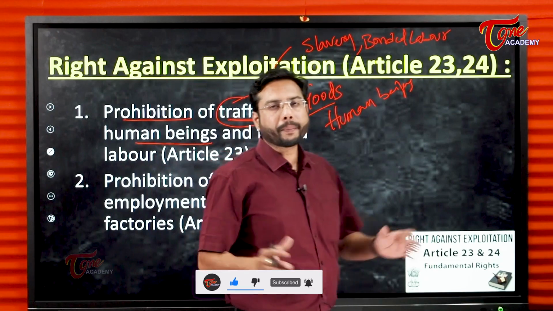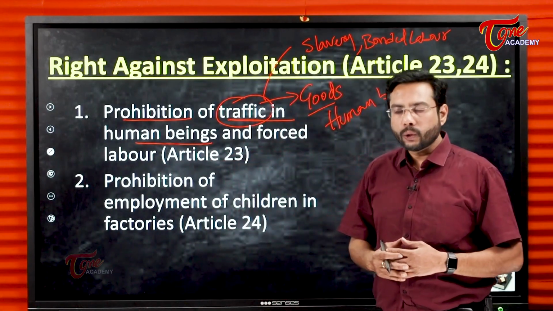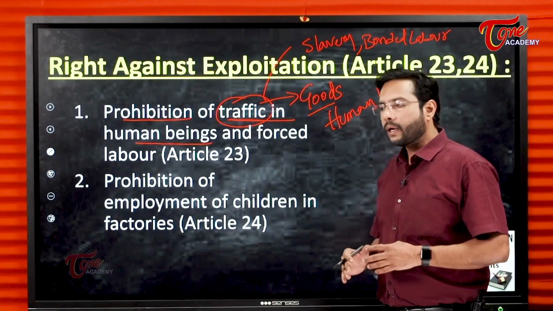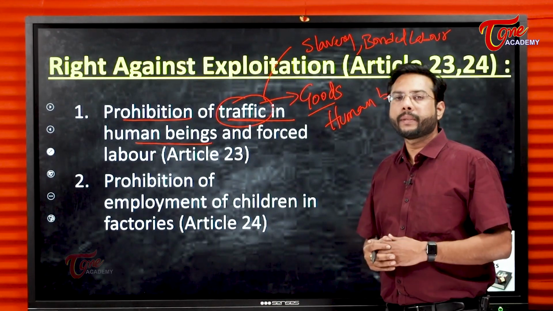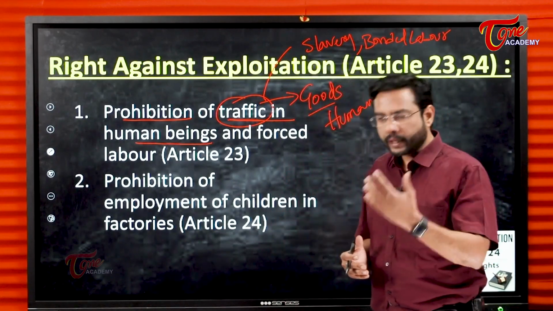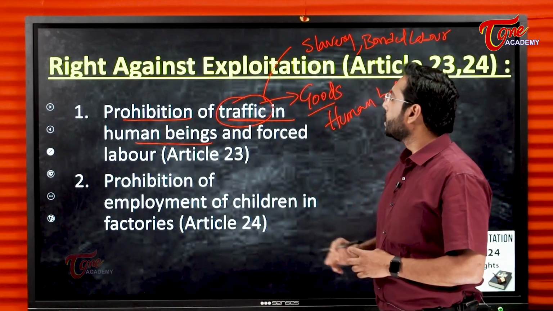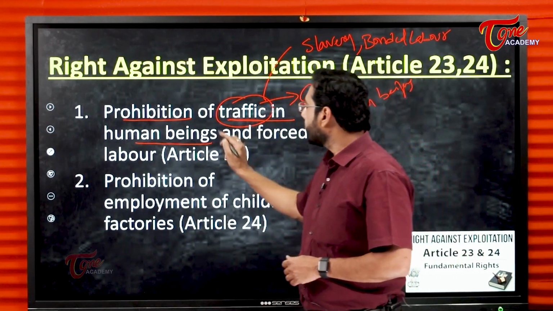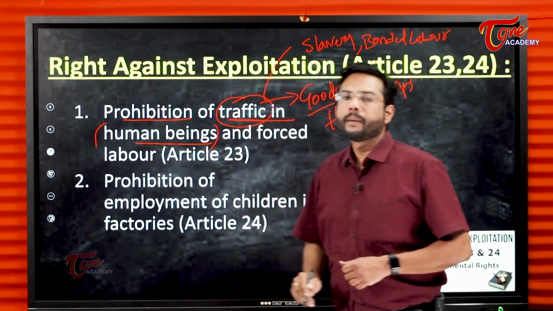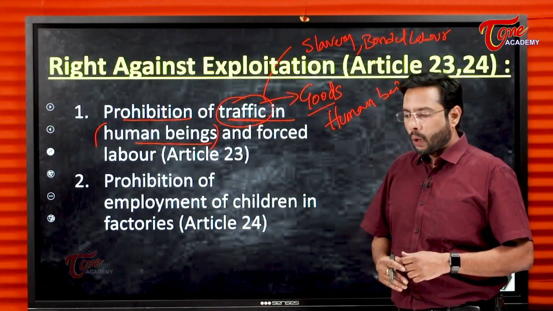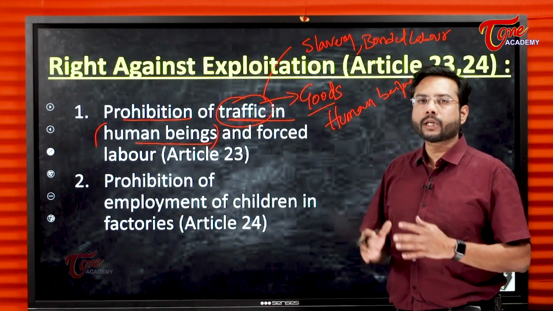Traffic is a comprehensive word which includes all these things: slavery, bonded labor, or paying less to the labor, or compensating less for whatever they work. Human beings include everyone, every human being, be it man, women, children, or any other person who is treated as a commodity.